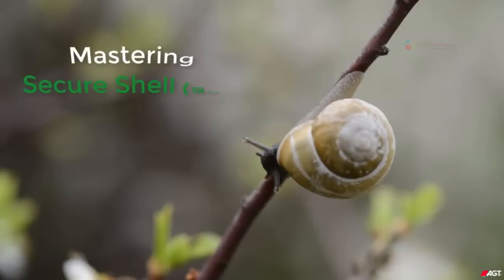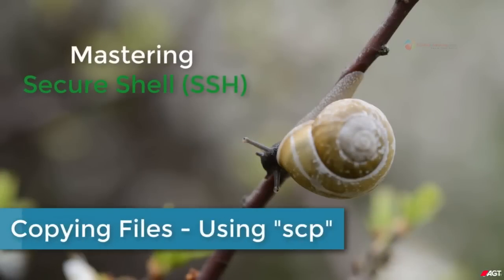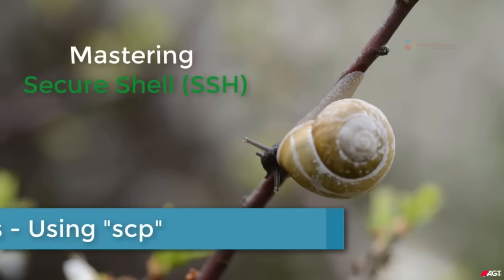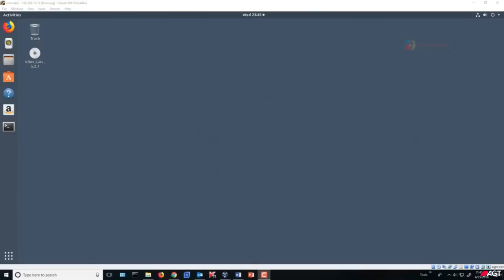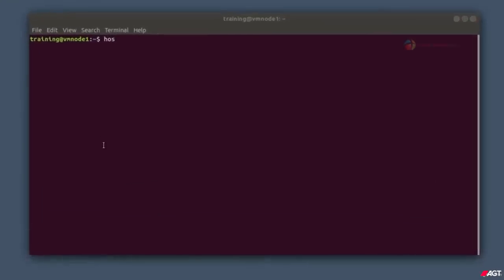Hello everyone, welcome back. We will look at the SCP command to copy files to a remote machine and copy files from a remote machine. We will use VM node 1 and VM node 2. Here is VM node 1.